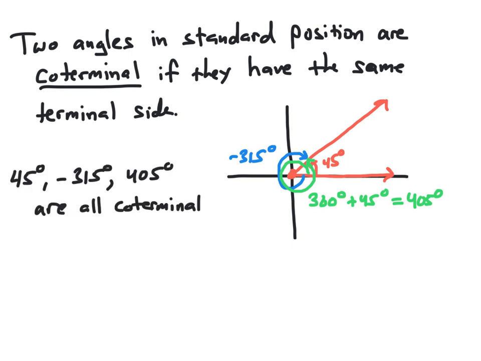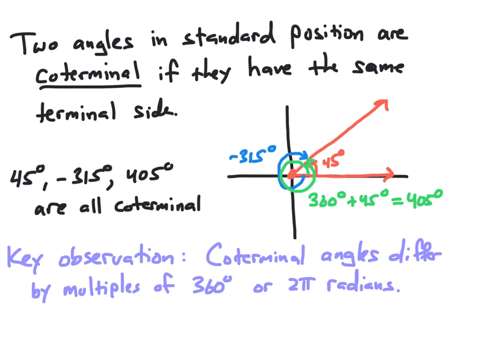If we look carefully at these three angles, what we notice is that they differ from each other by a full rotation or by multiple full rotations. So for example, if you pick any two of these angles, 45 degrees, negative 315 degrees, and 405 degrees, and you subtract one degree measure from the other, you will obtain either plus or minus 360 degrees or plus or minus 720 degrees, all of which are multiples of 360 degrees or one full rotation.